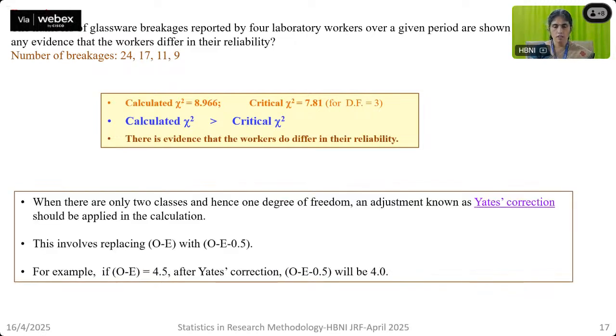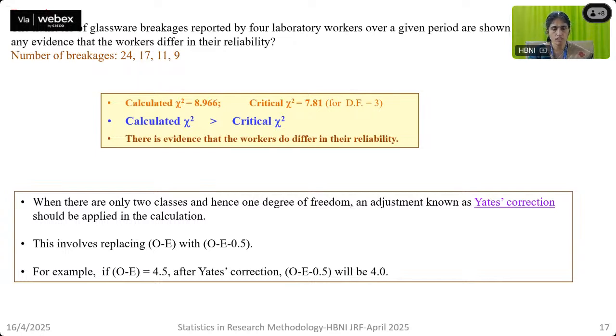The critical value of chi-square comes out to be 7.81, whereas the calculated chi-square is around 8.96. Here we see that the calculated chi-square is greater than the critical chi-square. That means, yes, there is evidence that the workers do differ in their reliability.